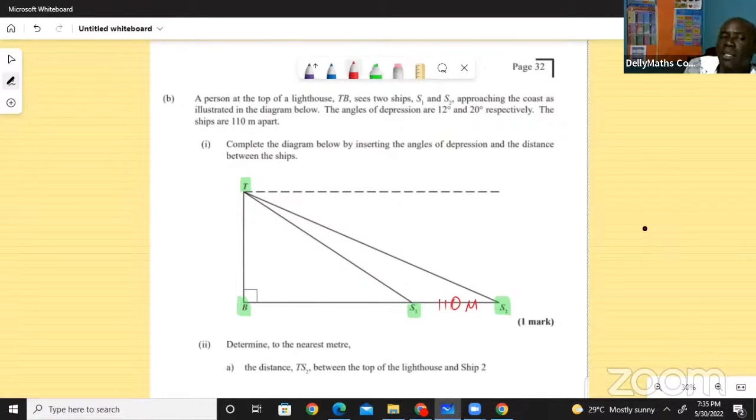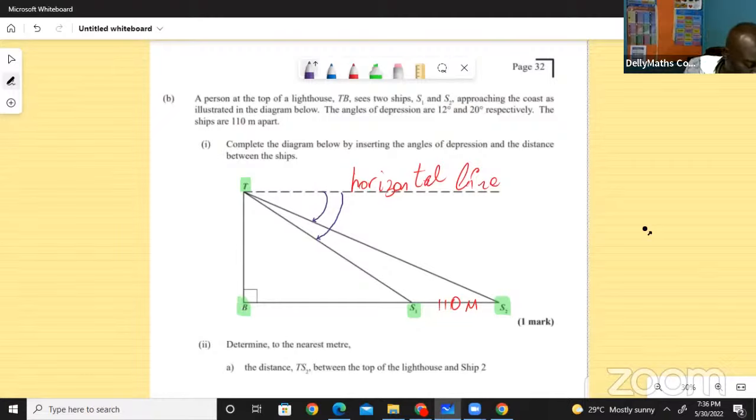The angle of depression: this is a horizontal line coming from your eye level up there. You're standing up there looking down at two things. So this horizontal line is your eye level, and the angle of depression will be between that line and the line that leads to S2, and there is a bigger angle between that and S1.